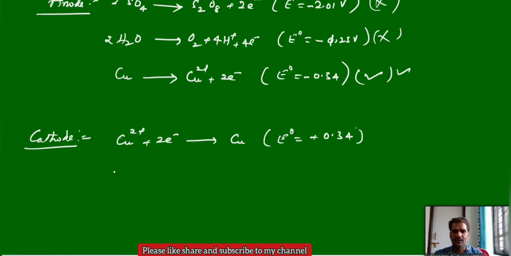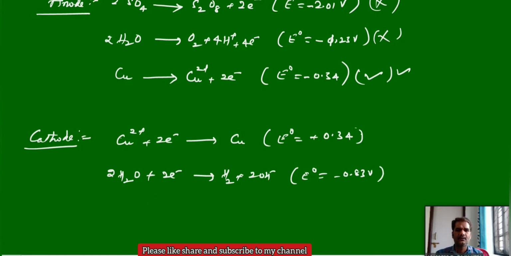Anyhow, we know that for water, the reduction potential value is negative, to liberate hydrogen gas, minus 0.83 volts. Again, at the cathode, the ion having the higher reduction potential value can deposit. So the first reaction can take place preferably over the second reaction according to their electrode potential values.